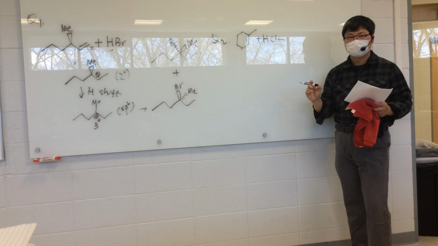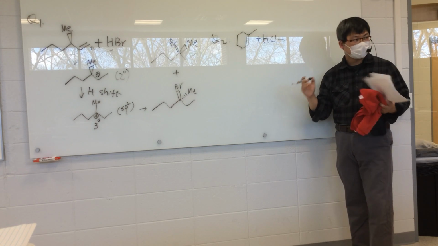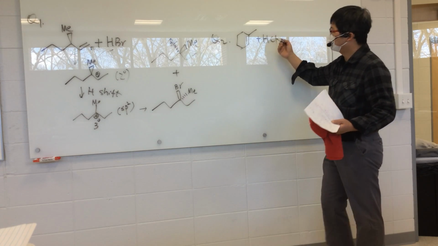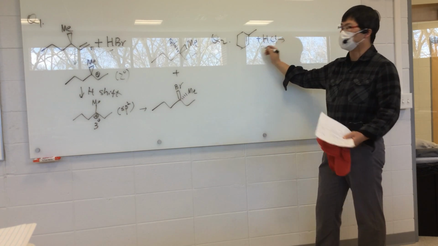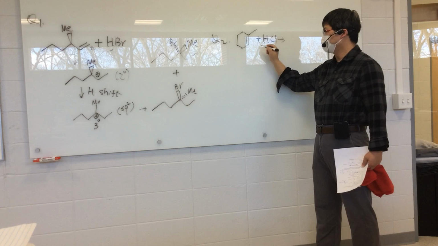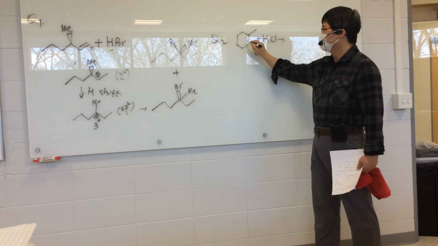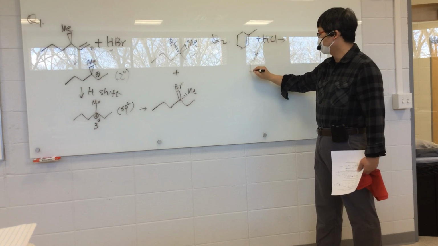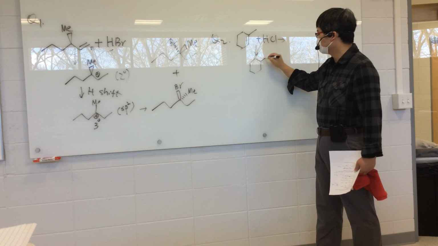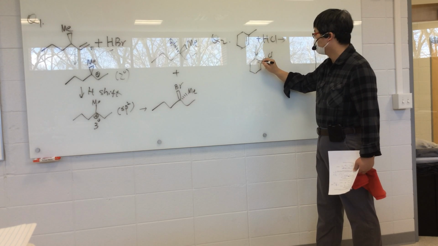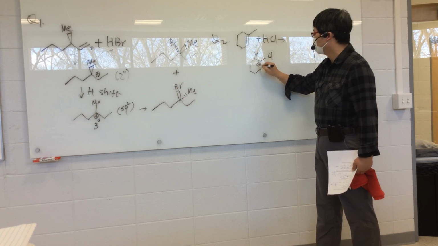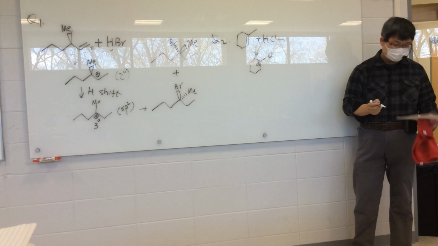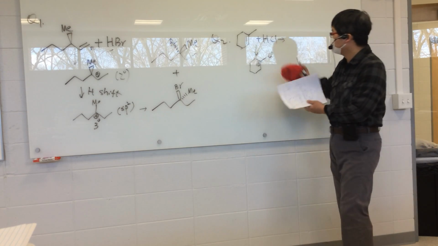Follows what rule? Markovnikov rule, right? And then you can see here, the proton will attack here. Why? Because if the proton attack here, then the carbocation will be like this. So this is more stable.